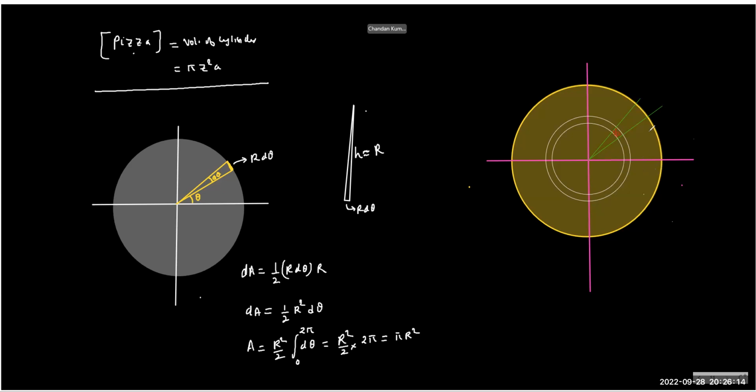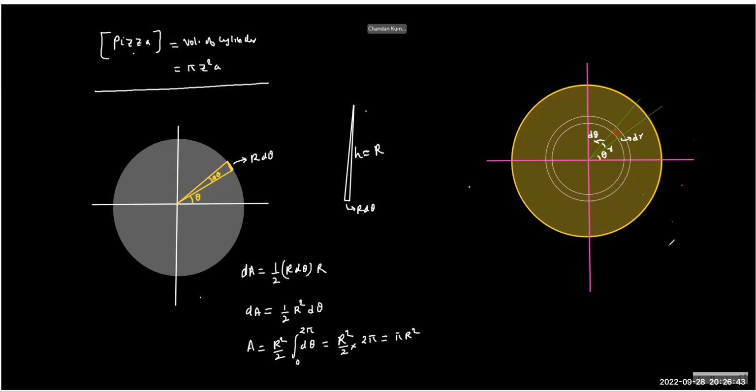If you look at this diagram, this itself is a rectangle, right? And this is angle theta. Difficult to see. This is theta, and this is how much? d theta, right? And the radius of the inner circle is r, and the width is dr.